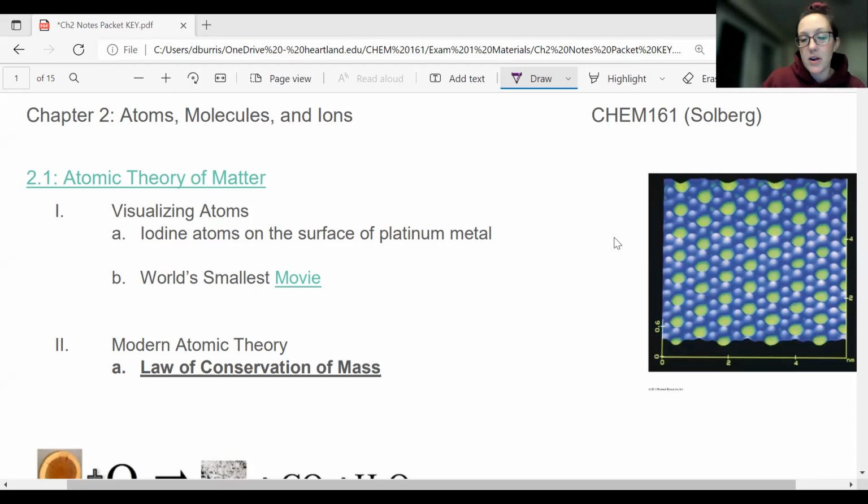This is a very recent picture of iodine atoms on the surface of platinum metal. We got it using a technique called STM, or you might have heard of SEM, scanning electron microscope. This is scanning tunneling microscope.